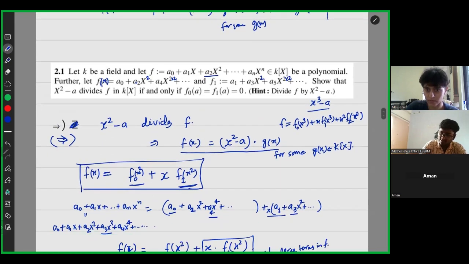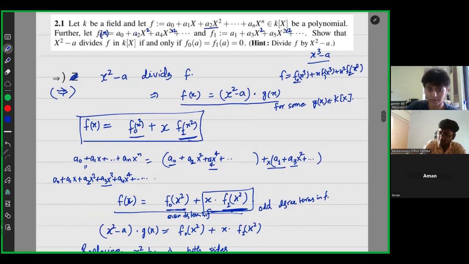Then you replace x cube by a and you get a 2-degree polynomial, f0 of a plus x into f1 of a plus x square into f2 of a.